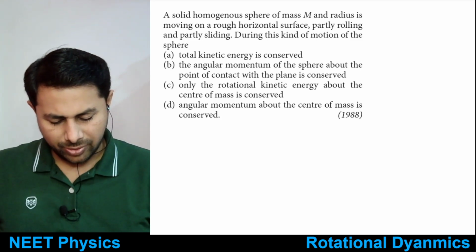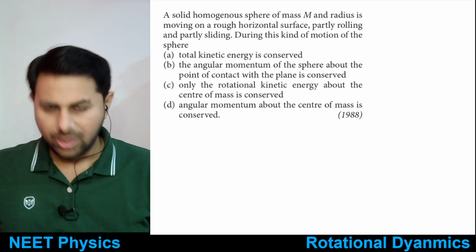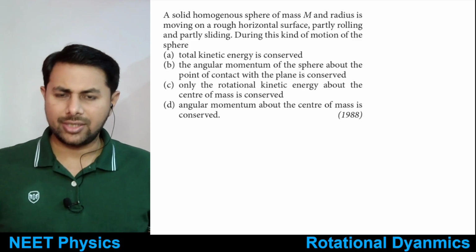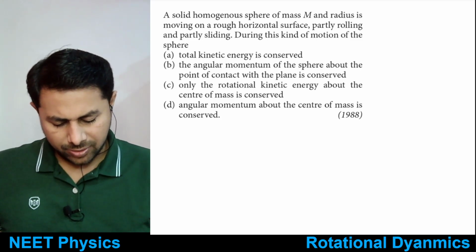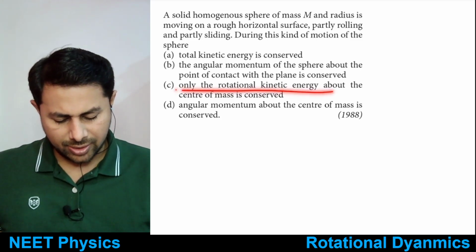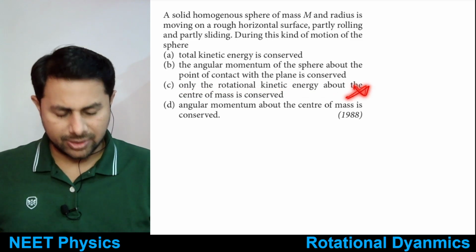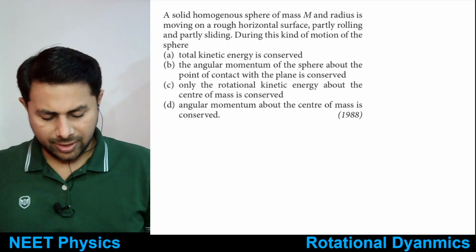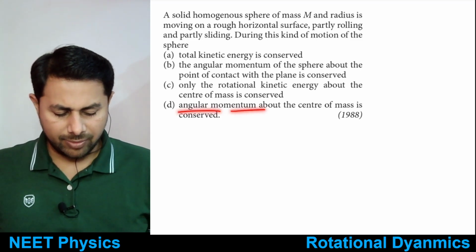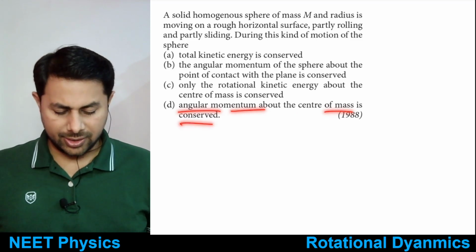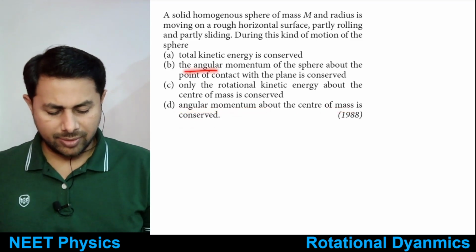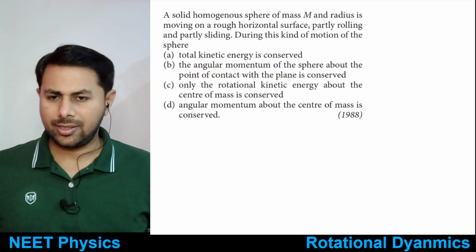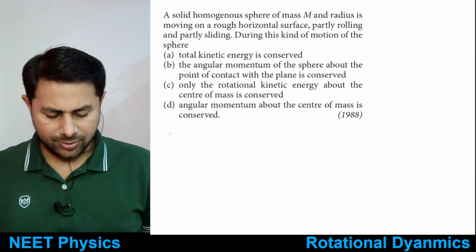So since kinetic energy is decreasing, its whole kinetic energy will decrease, so rotational kinetic energy will also decrease, and that's why only rotational kinetic energy about the center of mass is conserved. This is also not correct. So then you need to check the remaining two, that is angular momentum about the center of mass is conserved, and the angular momentum of a sphere about point of contact with the plane is conserved. Okay, so let's check these two.